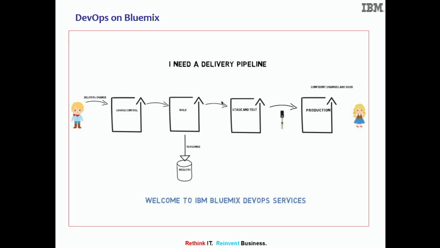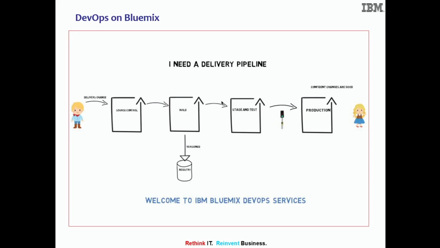Now, so this is containers. This is Docker containers, but it's nice to have control over the whole life cycle of an application container. And this is DevOps services that you probably know. And DevOps services are implemented also in the Bluemix environment.